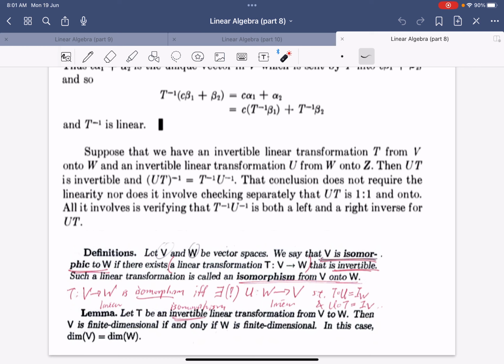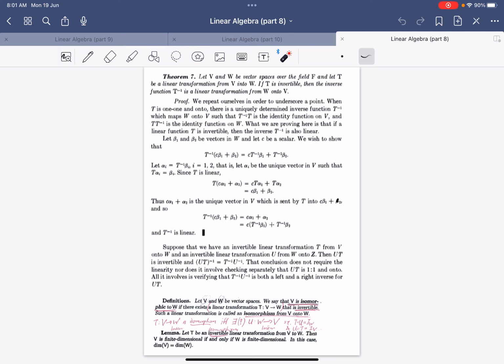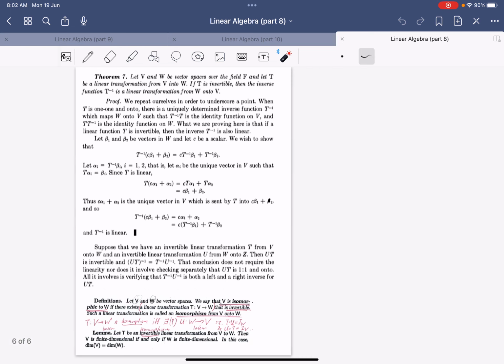Because this linear transformation is invertible and so is a bijective function, V is finite dimensional if and only if W is finite dimensional, and in this case the dimensions of these two will be the same. You can read the proof in the textbook, but I hope it's clear from the definition of an isomorphism.